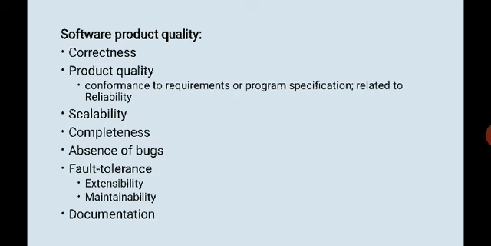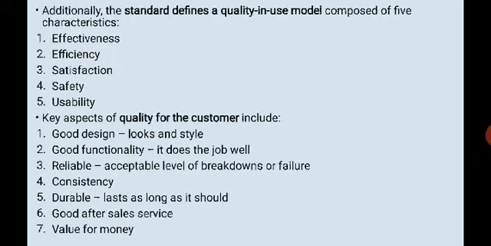Then it has to follow scalability, completeness, absence of bugs, fault tolerance, extensibility and maintainability, and then documentation. There are additional standards defined in the quality in use model. There are 5 characteristics of the quality in use model: effectiveness, efficiency, satisfaction, safety, and usability, right?